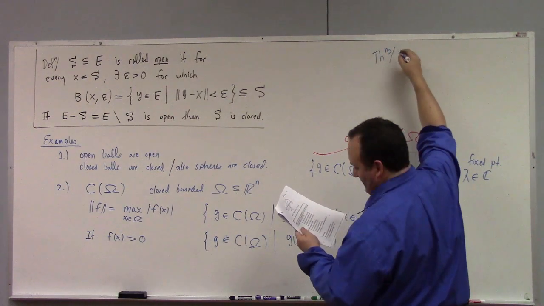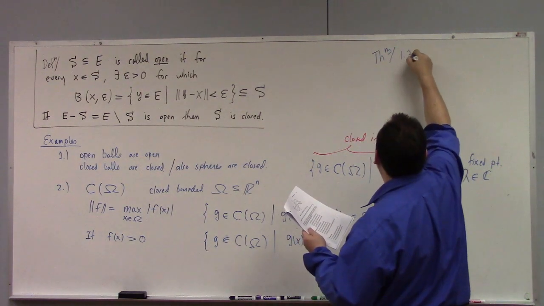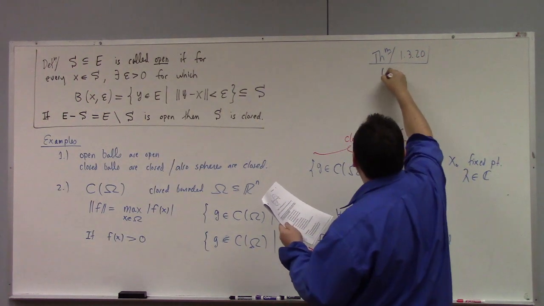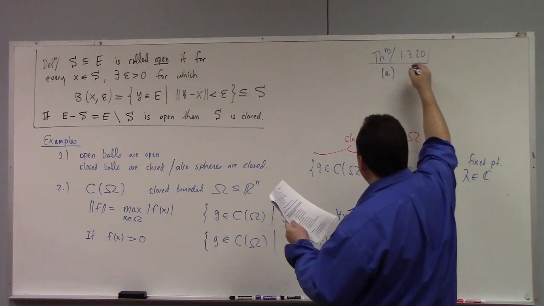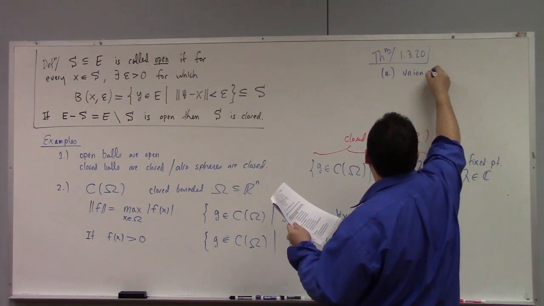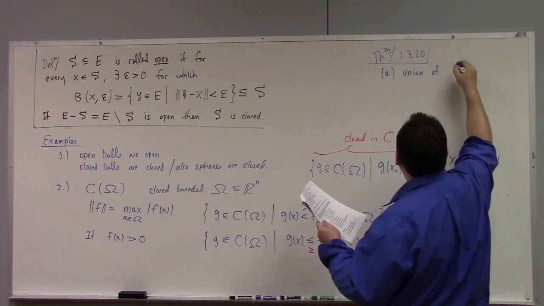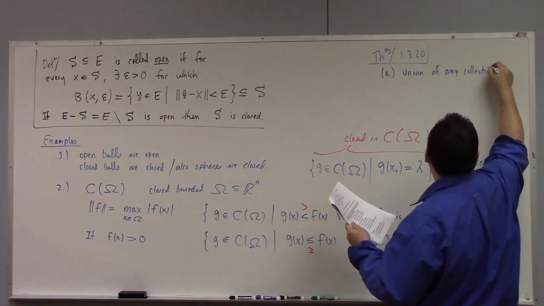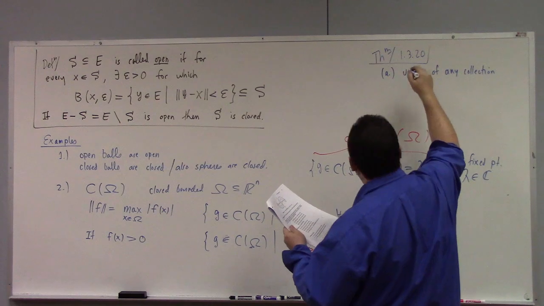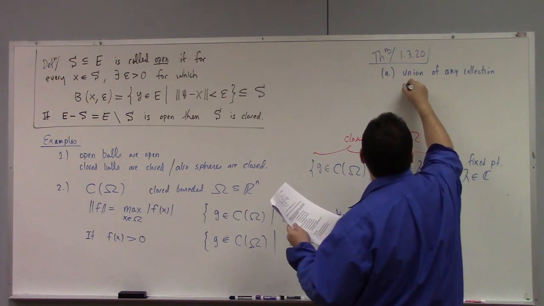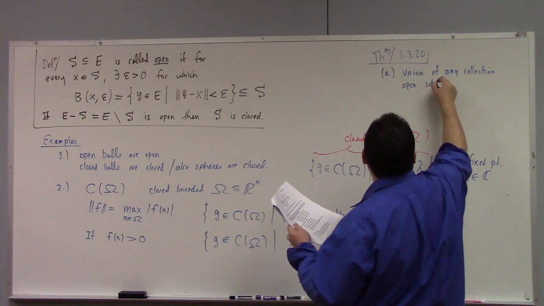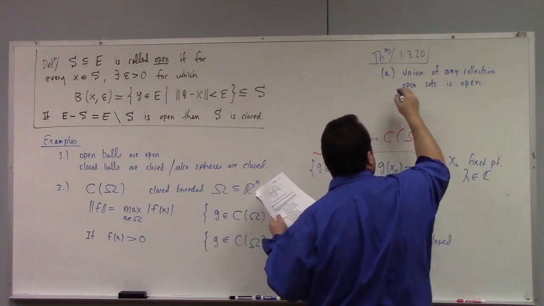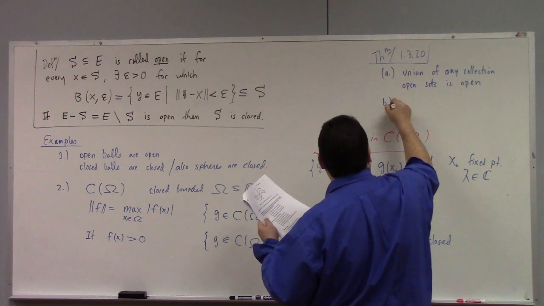So now we're really getting ahead of your topology class, I'm afraid. You'll forgive me, but don't worry, you'll do it. The union of any collection of open sets is open.